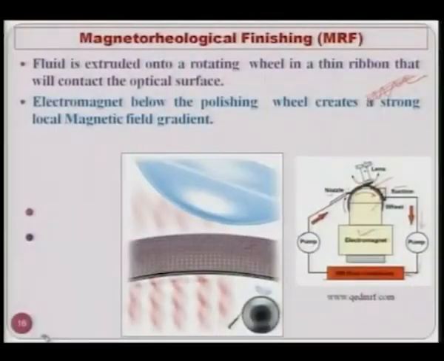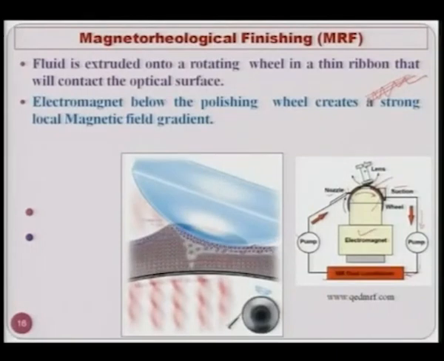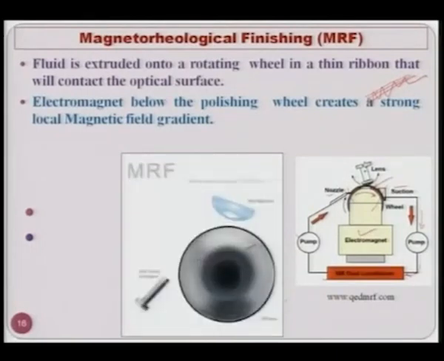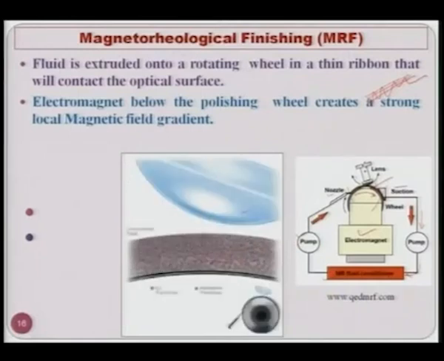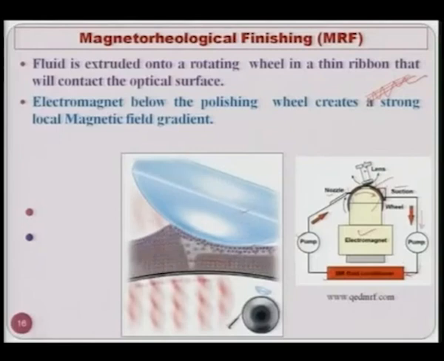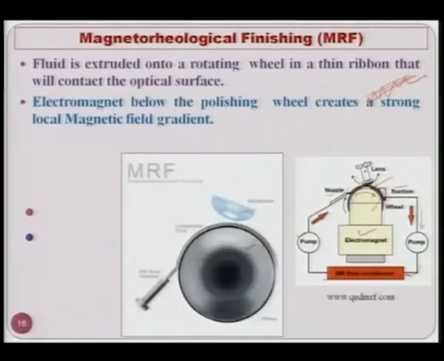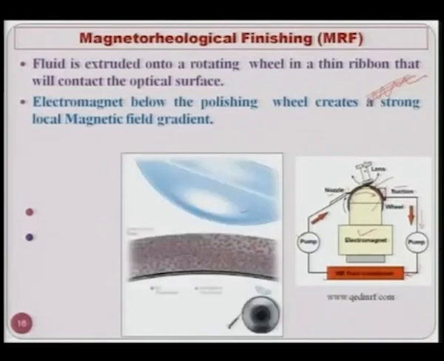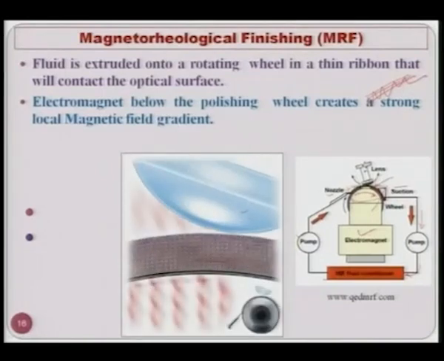Fluid is extruded onto a rotating wheel. As you can see here, fluid is getting extruded onto the rotating wheel in a thin ribbon that will contact the optical surface, and here the workpiece is the optical surface. The electromagnet below the polishing wheel creates a strong local magnetic field gradient. This is the electromagnet creating a strong local magnetic field in this particular region, and that is why these kinds of chains are being formed, as you can see on the left-hand side in the video.